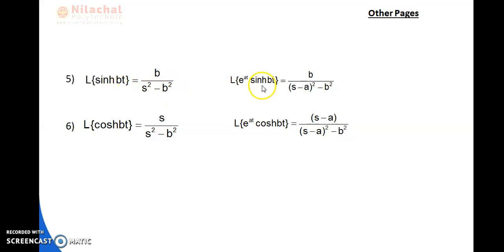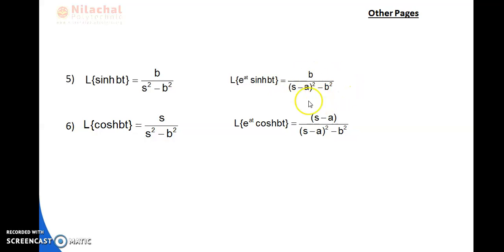And the shifting formula: Laplace of e to the power at into sin hbt equals b by s minus a whole square minus b square, where s is changed to s minus a. If in place of a you write e to the power 2t, we write s minus 2. If you write e to the power 3t, we write s minus 3.